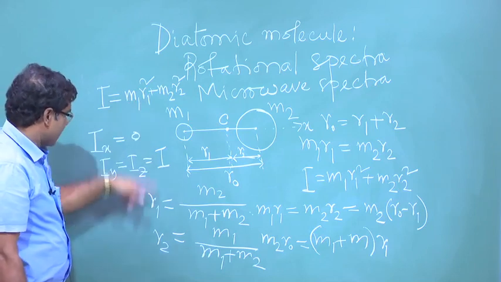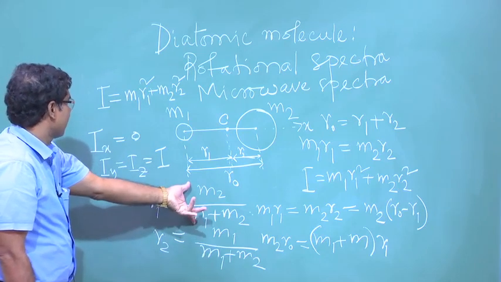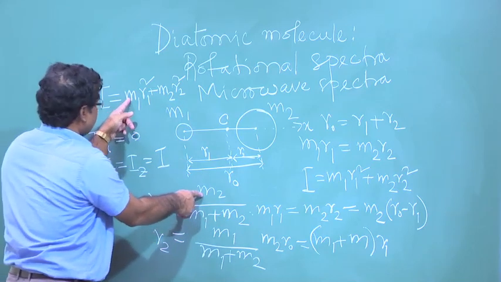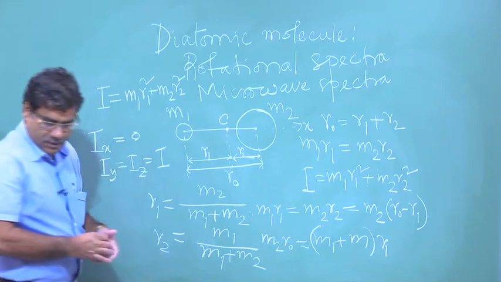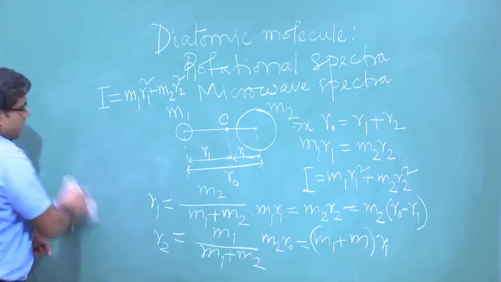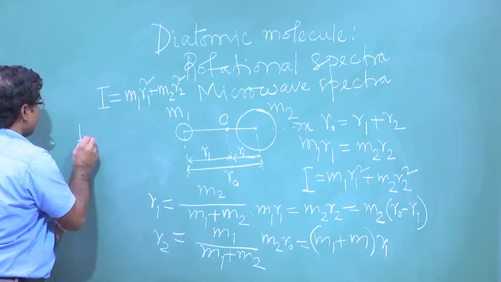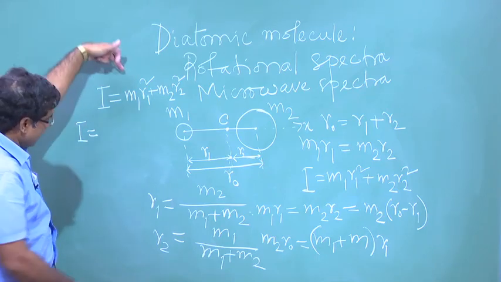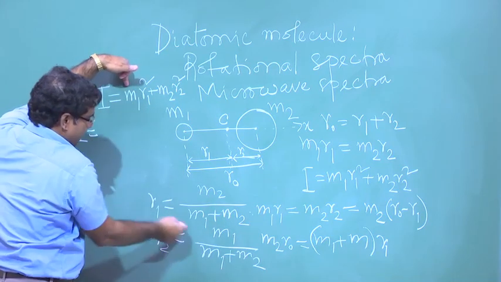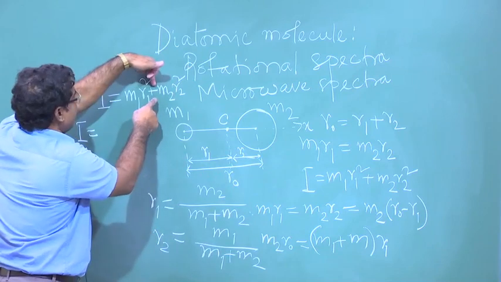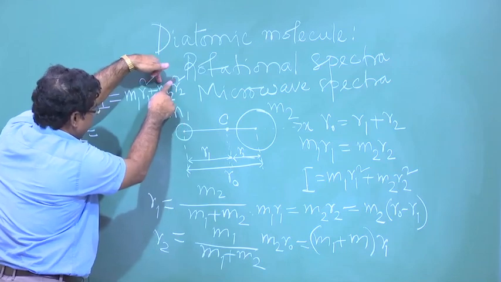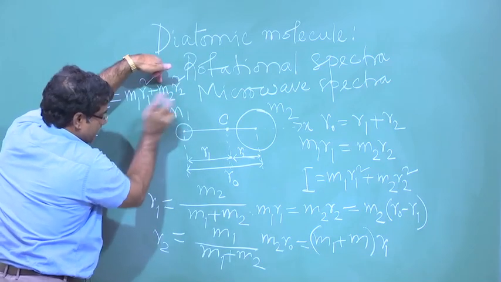So, I equal to m1 r1 square plus m2 r2 square. Now r1 square, if we take this, so m1 r1 square means m2 square. So, I think here itself I can write. Your I will be, here I am getting m1 m2 square divided by (m1 plus m2) square, fine, plus m2 r2 square, I am getting m1 square divided by (m1 plus m2) square.